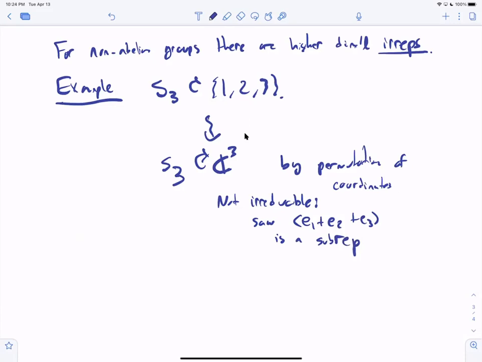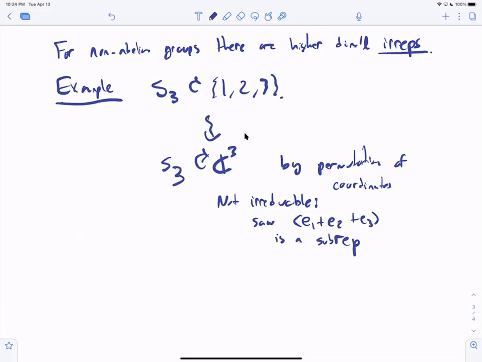It's a one-dimensional sub-representation that gives you the trivial character, the homomorphism that sends S3 to the identity element.